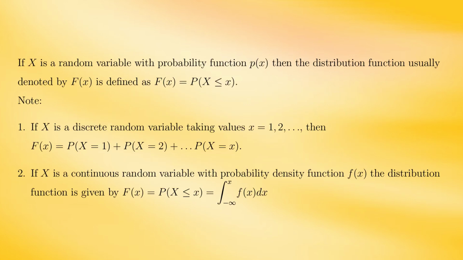Note that if x is a discrete random variable taking values x equal to 1 and so on, then F of x is equal to p of x equal to 1 plus p of x equal to 2 plus and so on, plus p of x equal to x.